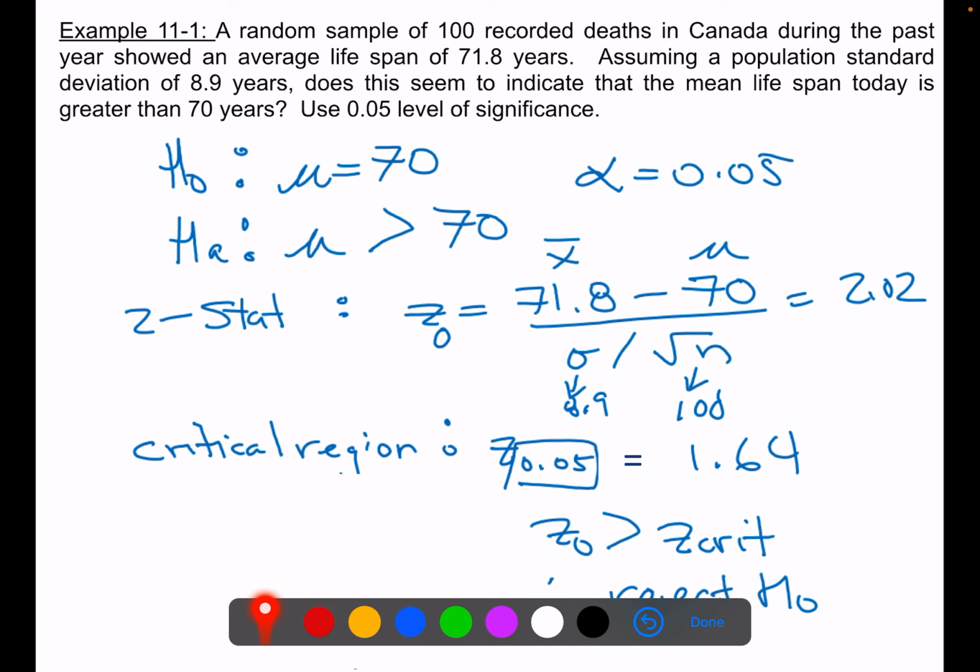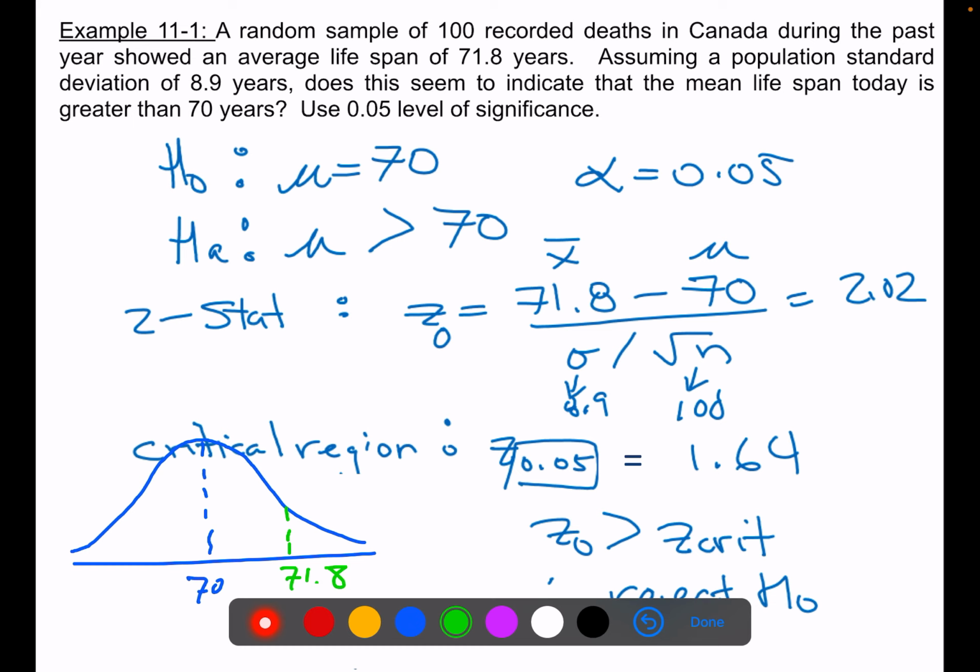So basically, I have to draw here what's going on. This is 70, and this is what I get, 71.8.